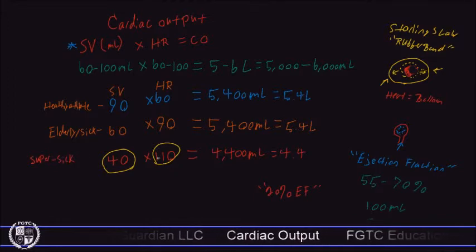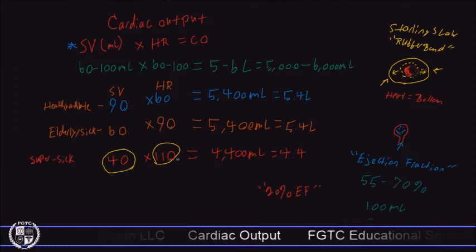So anytime you see somebody who's tachycardic, take a second and ask yourself, why are they tachycardic? Is it because they don't have the fluid in their body? Is it because they're having a heart attack? Is it because they're septic? There's a million different reasons this can happen.